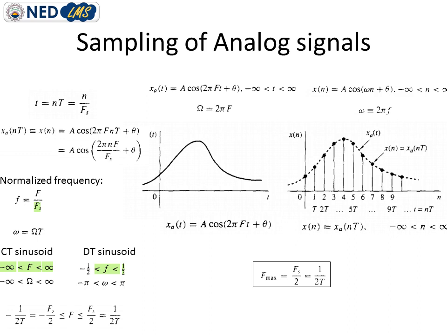And you know that for an analog signal we usually measure the frequency in hertz, and the sampling frequency is measured in samples per second. Hertz can be converted into cycles per second, because the number of cycles per second is actually the frequency. So in the numerator we have cycles per second, and in the denominator we have samples per second.